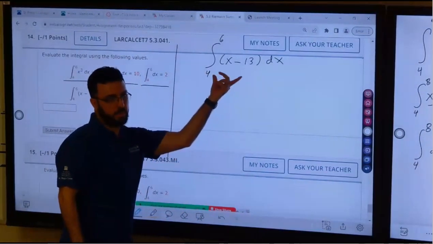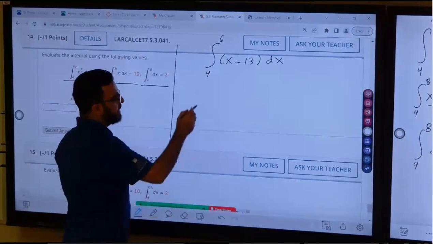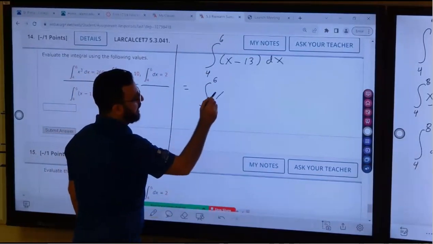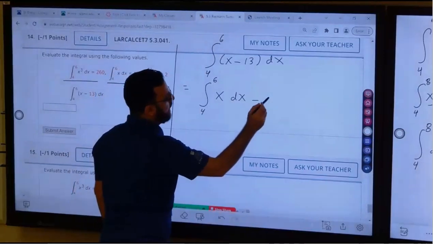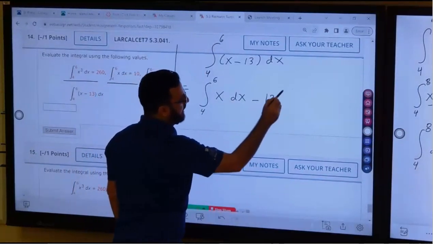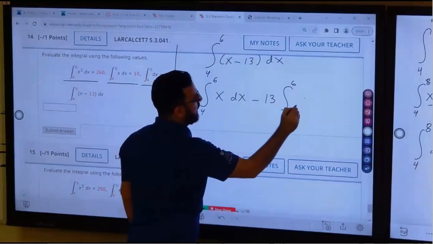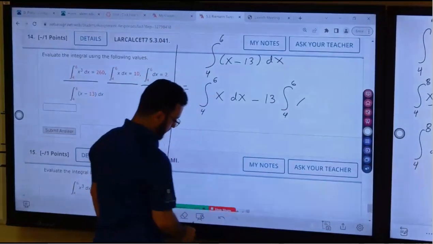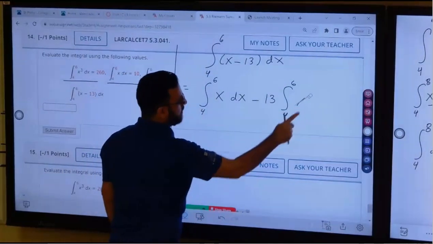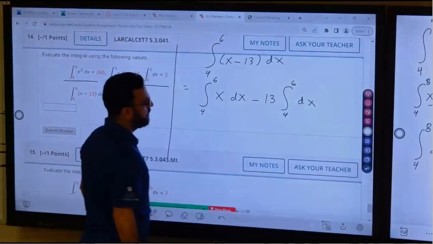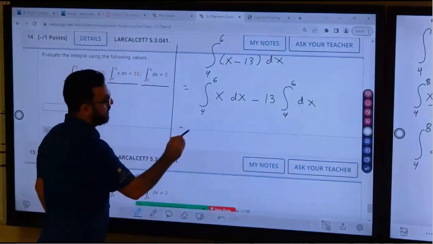Now what am I going to do as the next step? Can I separate these two integrals? Can I say this equals the integral from 4 to 6 of x dx minus 13 times the integral from 4 to 6 of dx? Yes or no? Now let's check the first one.